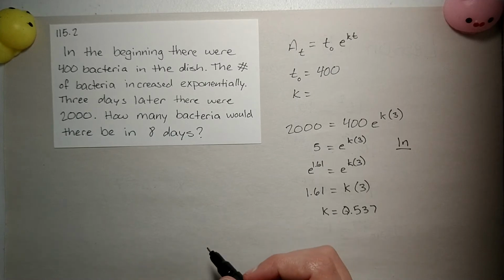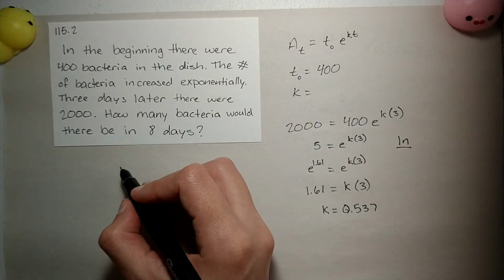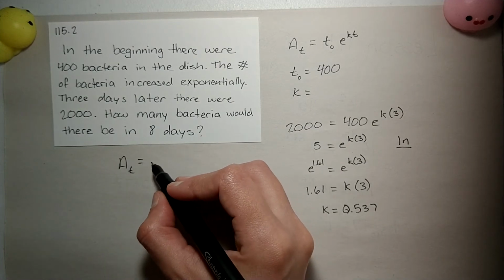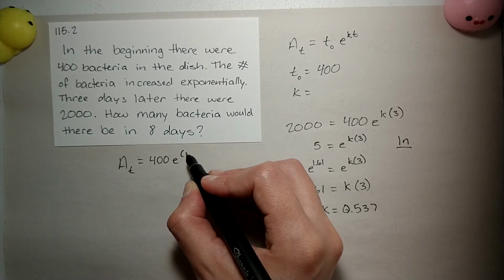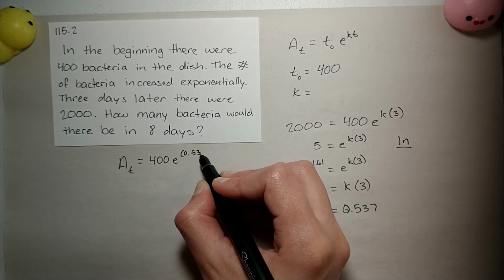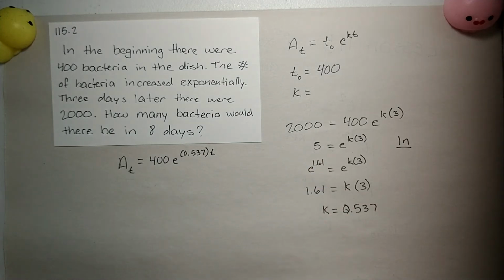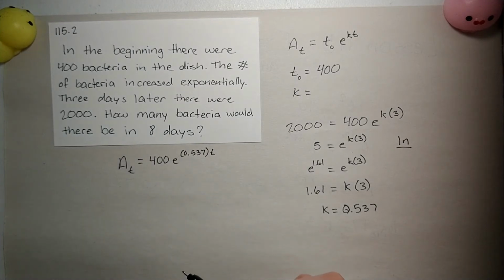All right, so now since we have k, we also have the initial quantity. We can make our equation for this problem. And we can take a look at the question that was in the original problem. How many bacteria would there be in 8 days?